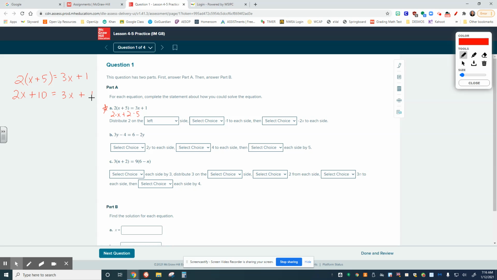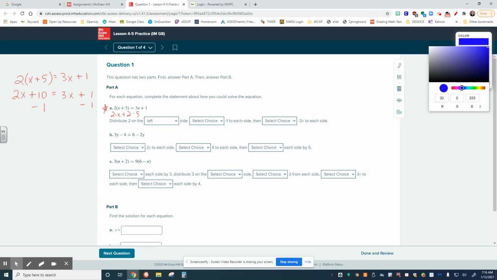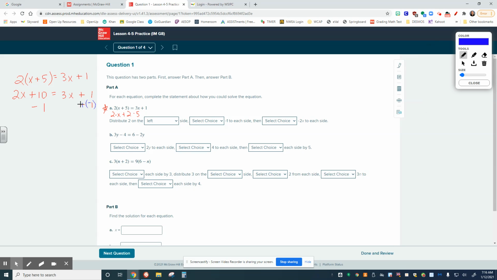In the past, what I've talked a lot about is simply subtracting 1 from the right side, subtracting 1 from the left side. What I would like to remind you of is I've also talked about adding the opposite. So adding -1.